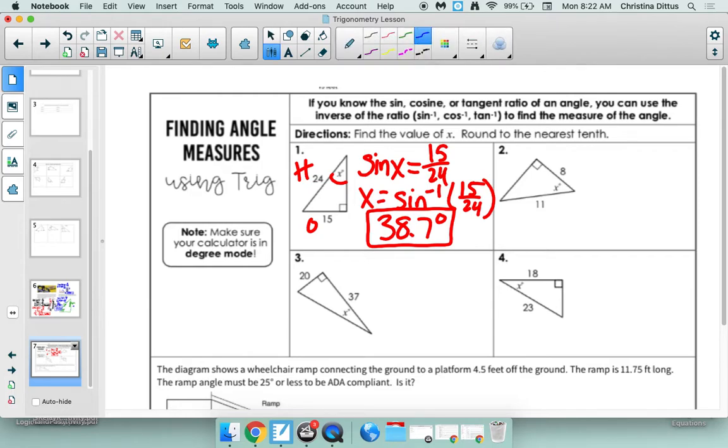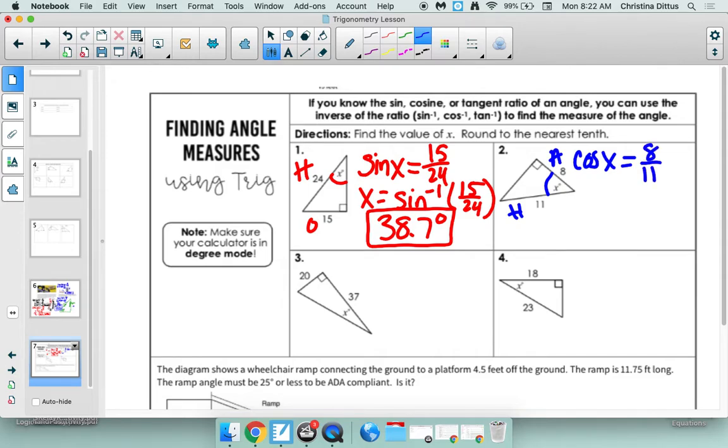Alright, next one. From the point of view of x, how does the 11 relate? Hypotenuse. How does the 8 relate? Adjacent. So CAH or TOA? CAH. So I've got the cosine of my angle x. 11 over 8 or 8 over 11? 8 over 11.